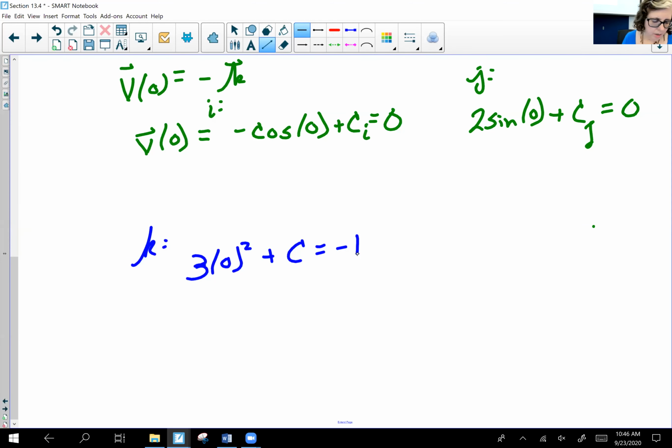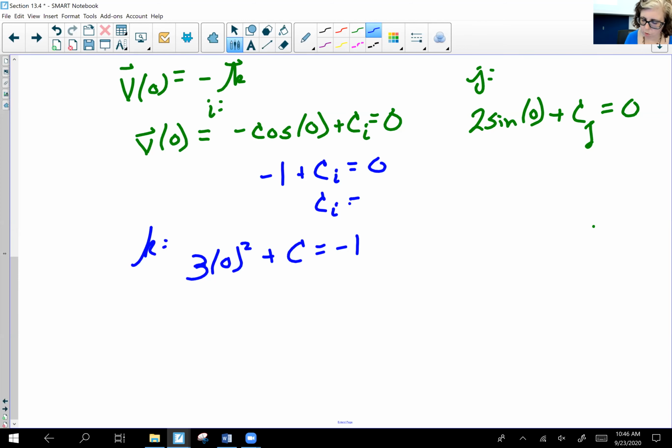Cosine of 0 is 1, so -1 plus c sub i equals 0. So c sub i equals 1. This is just going to be 0 plus c sub j equals 0, so c sub j equals 0.